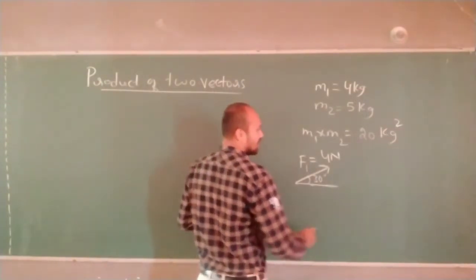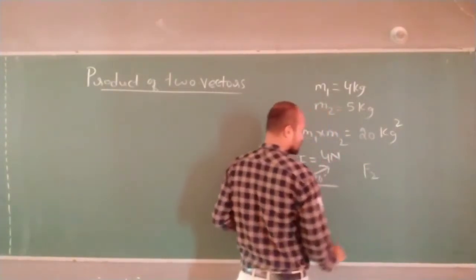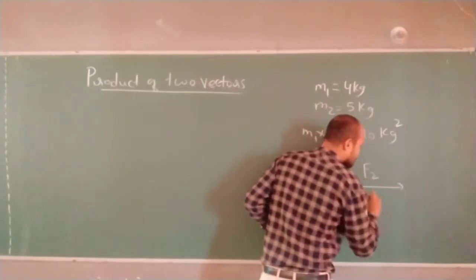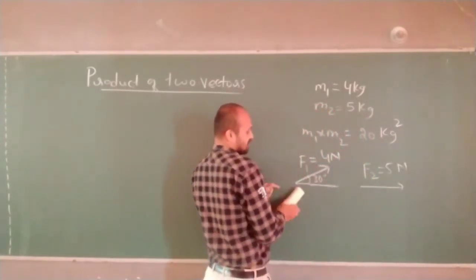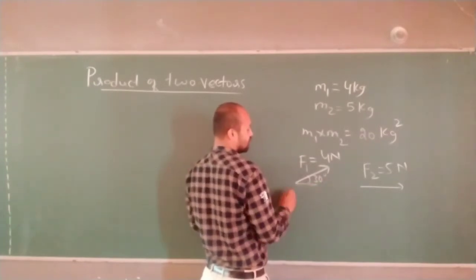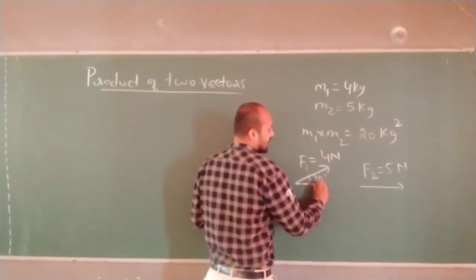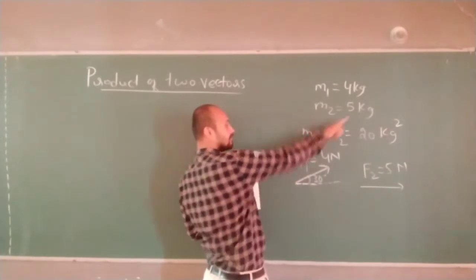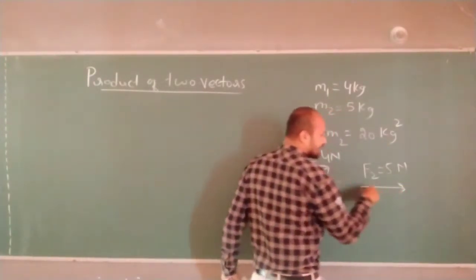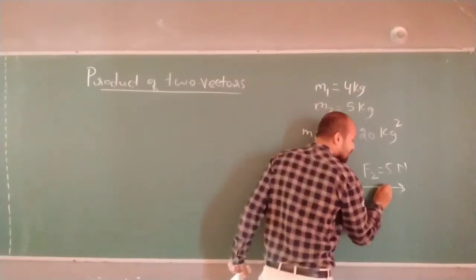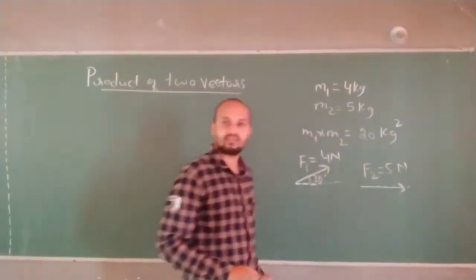Now I am taking F2, another force which is 5 Newton. See the direction of this: the F1 force is making an angle of 30 degrees to the horizontal line, and the F2 force vector is along the horizontal line, having 5 Newton.